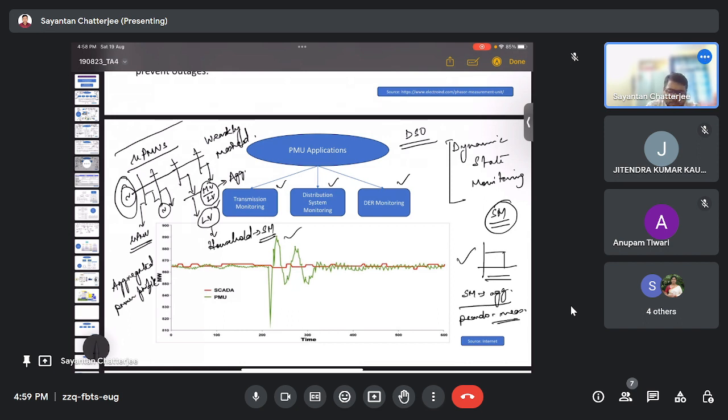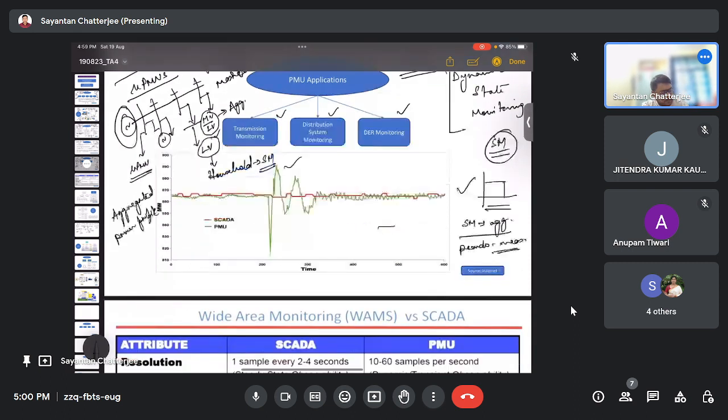Suppose day before yesterday there was some value during this time, and throughout the year, from 4 to 4:30 if this was the load profile, then that can be constructed into a futuristic load profile, which can be used as a measurement for real time monitoring of the distribution system, right? So this is generally done in the distribution system.